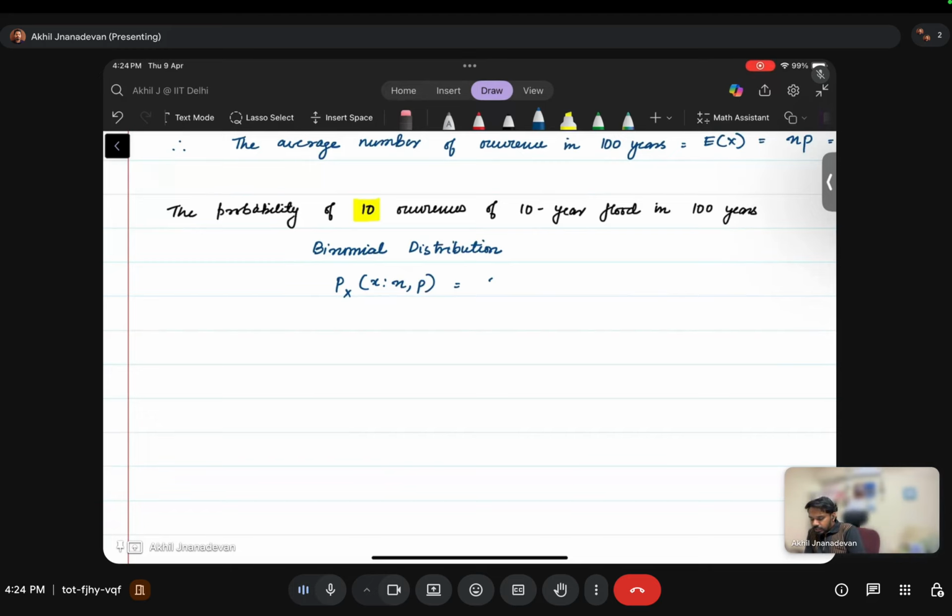Then it is given by nCx, p raised to x, 1 minus p raised to n minus x. So this is what a binomial distribution is.